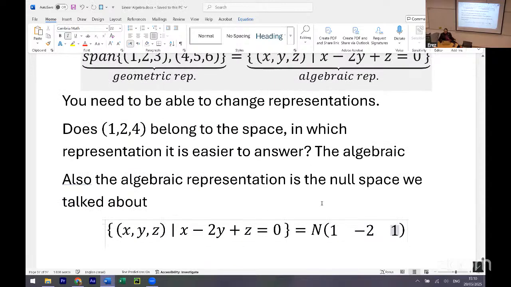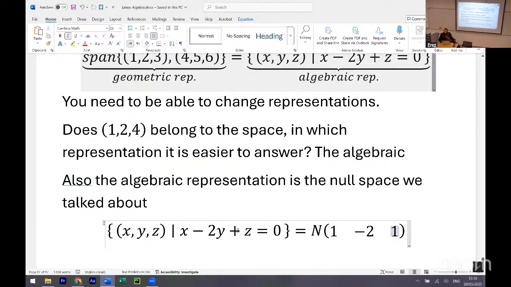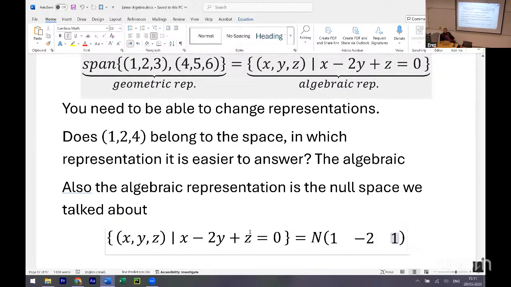Agreed? What's the solution to this linear equation? This time it's just one equation. In general, the algebraic representation could be any solution to a number of equations. Okay, joint solution for a number of equations.